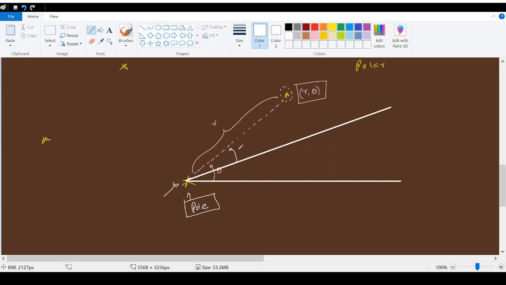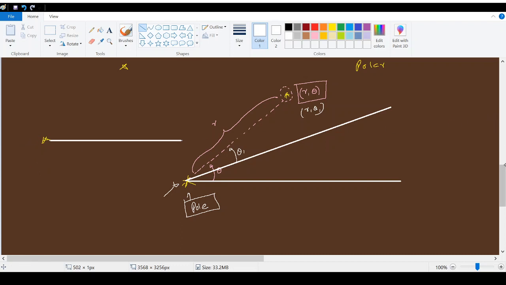That theta along with this given r will give the position of the same object with respect to this line along with this pole. And if we choose this one as the pole and draw a certain line, then we do the same thing with respect to that assigned pole.